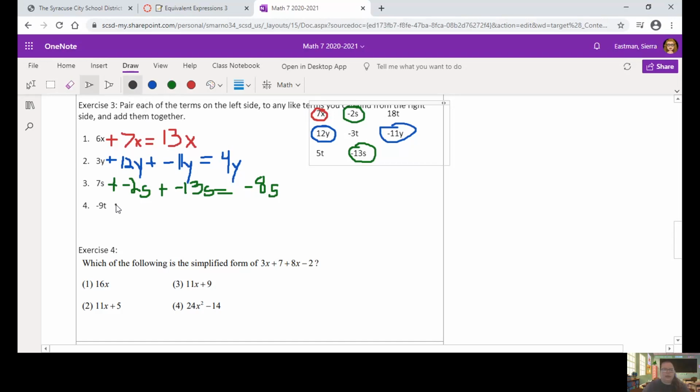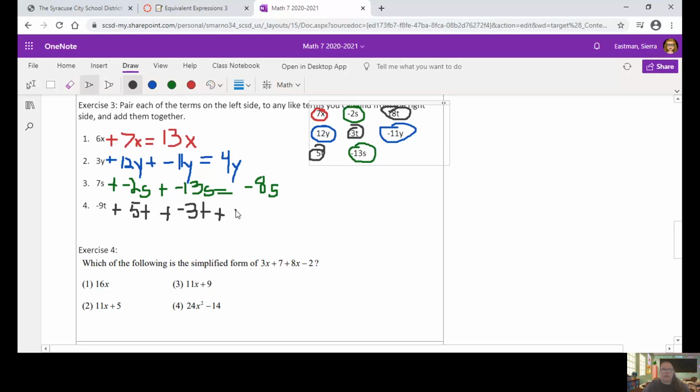Same thing with our last one, negative 9t. I'm going to look for all of my terms that have that t variable, and I can add those together. It's getting a little bit harder. Now we have 4 terms, kind of a bigger polynomial. Plus 5t, plus negative 3t, and it doesn't really matter what order you do these in.